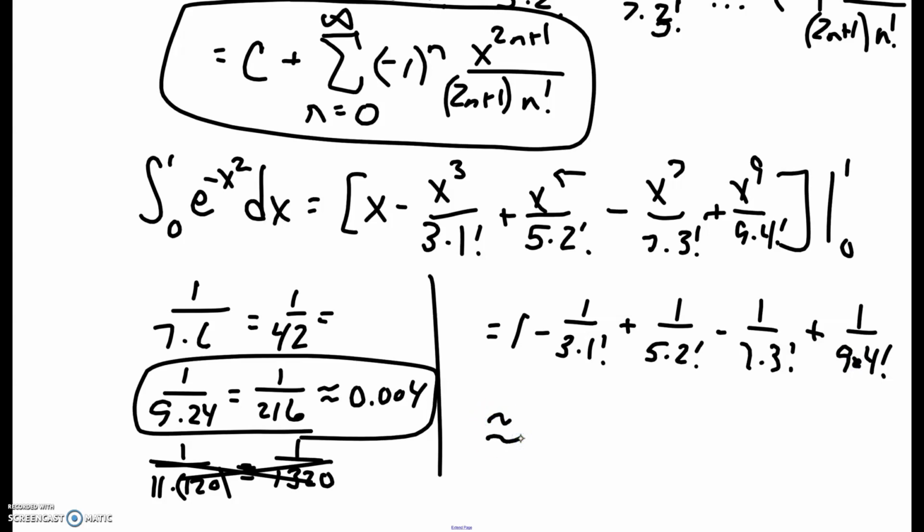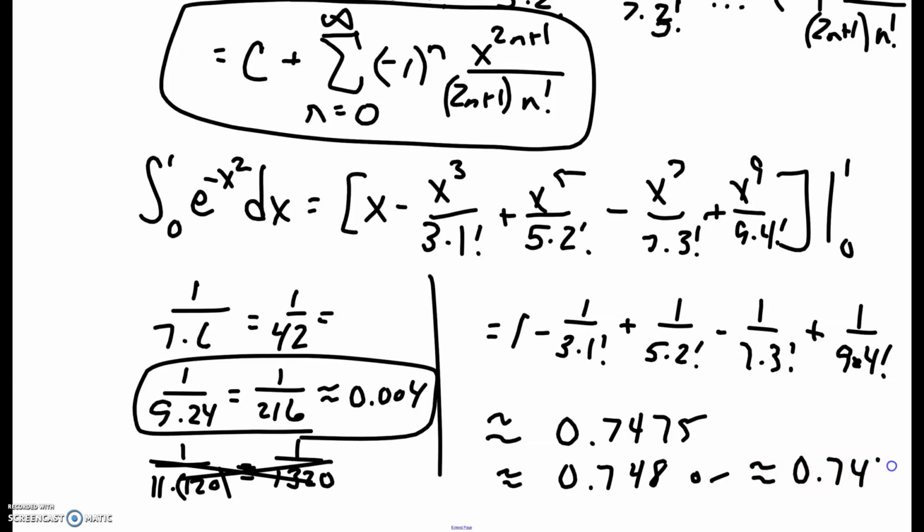And we can calculate that on our calculator. 0.7475. AP would say, hey, let's round that to 3 decimal places, or let's truncate it after the 3rd decimal place.